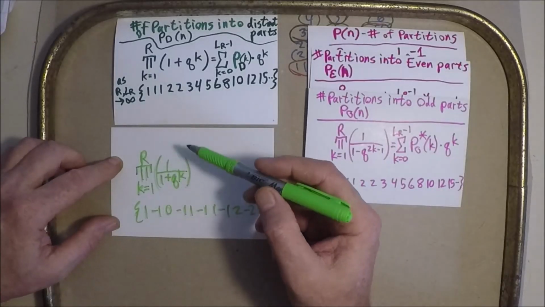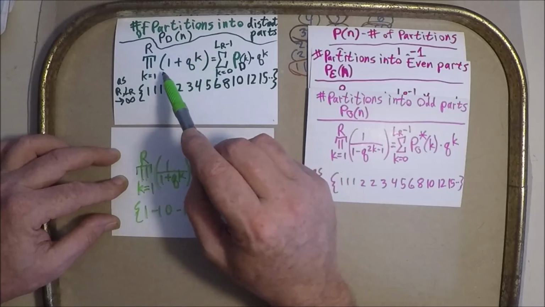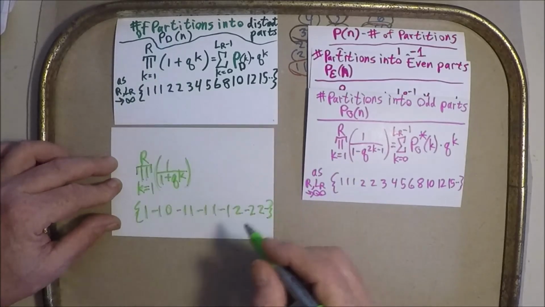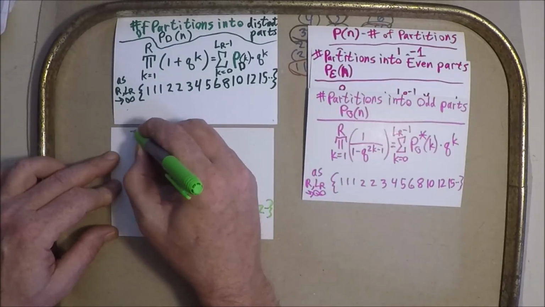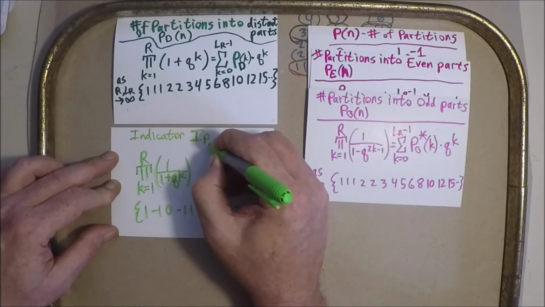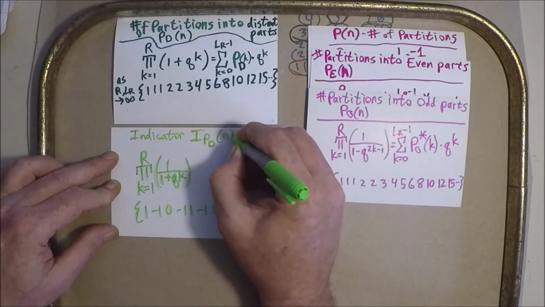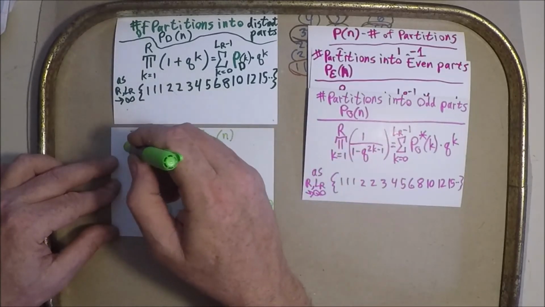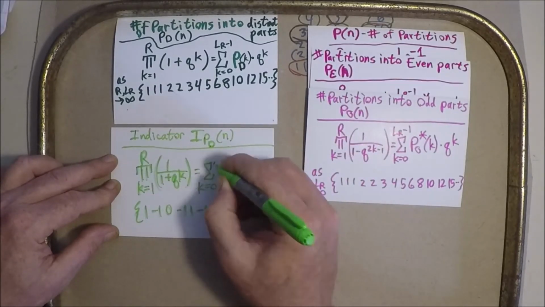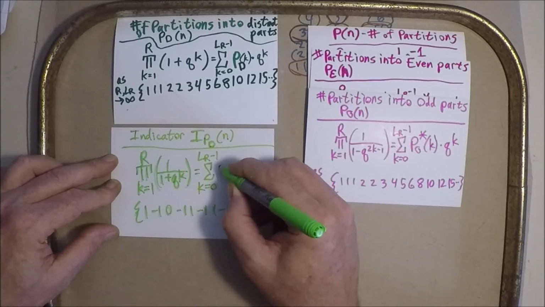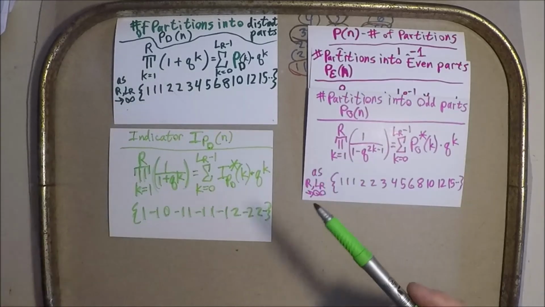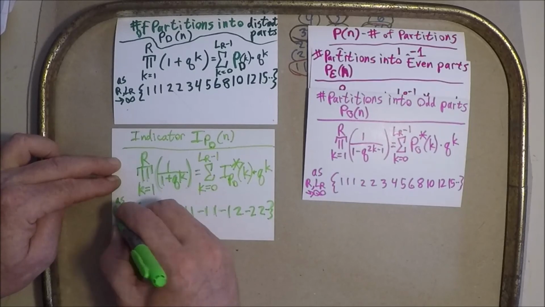Coming back to this one, the inverse of the generating function, or the Q series for partitions into distinct parts, is the indicator I of P of D of N. We'll call that sequence that, and this is equal to the sum for K equals 0 to LR minus 1 of I, P, D, capital D, star, of K times Q to the K, as R and LR go to infinity.